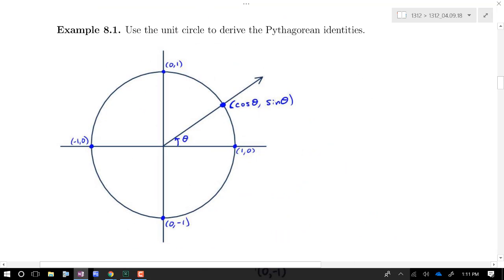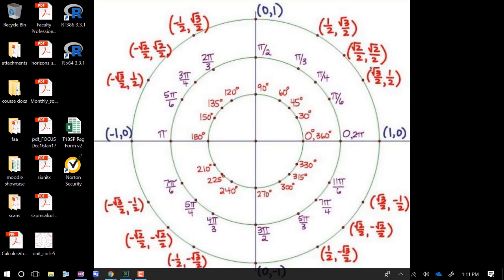We're just really focusing on the fact that on the unit circle, for an angle that we draw in standard position, measured up from the positive x-axis, the cosine and sine of that angle are just defined to be the coordinates of the point where it crosses the unit circle. That's why we can use the unit circle to obtain sine of pi over 6 as a half. It's because we're just grabbing that y coordinate.